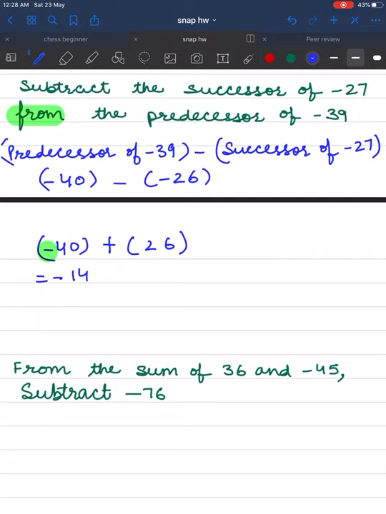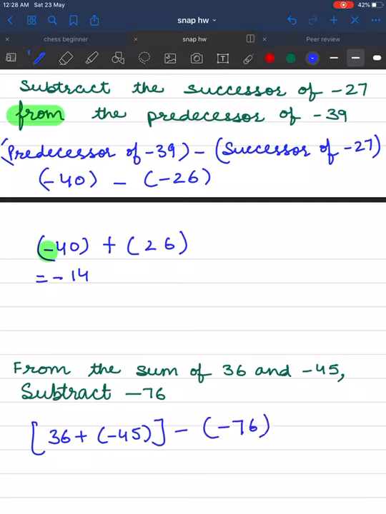From the sum of 36 and minus 45, subtract minus 76. So first we have to find the sum of 36 and minus 45. So let's write 36 plus minus 45, and then we have to subtract minus 76.